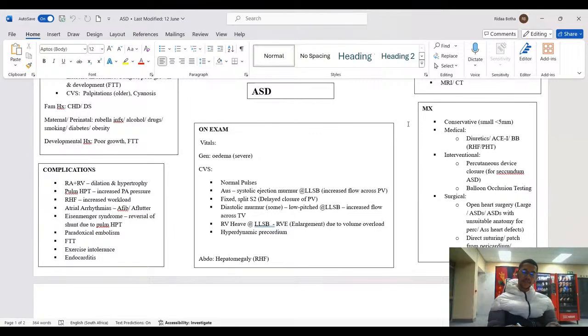Okay, and then if there's right heart failure, patients can also present with hepatomegaly.